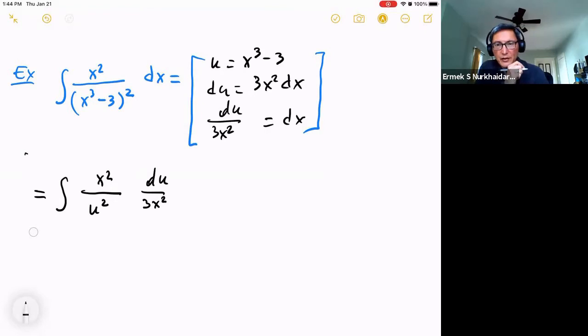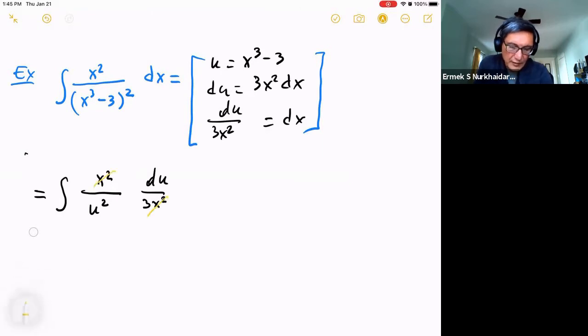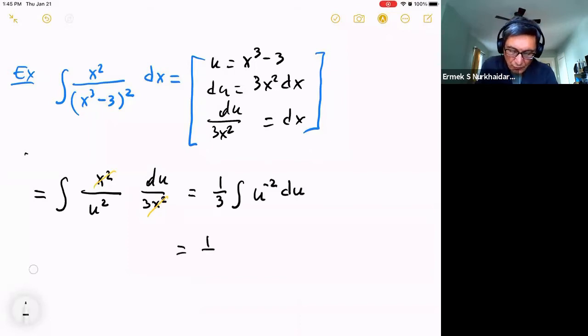Now I'll do algebra and reduce that expression a little bit. I cancel x squared and x squared. 1/3 is a constant, I can push it outside. u squared on the bottom means u to the negative 2. That should be an easy enough integral.